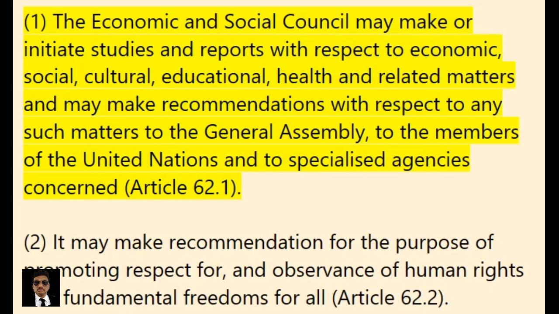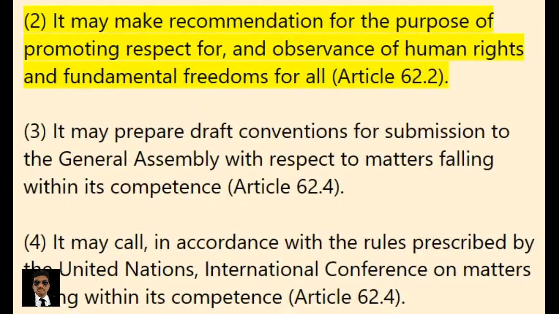Article 62.1. 2. It may make recommendation for the purpose of promoting respect for and observance of human rights and fundamental freedoms for all. Article 62.2.